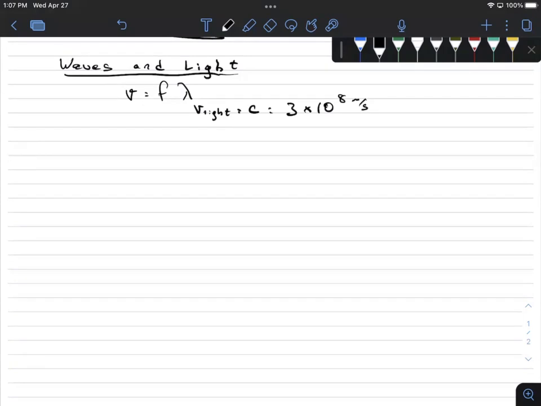The velocity of sound in a vacuum is 343. Velocity of water waves is whatever they are. Velocity of waves in a string, of course, depends on various things, how tight, the tension in the string and all things like this. But specifically, light has a very special velocity, and this is a number you need to know. 3 times 10 to the 8th meters per second is the speed of light. It's a very important number.